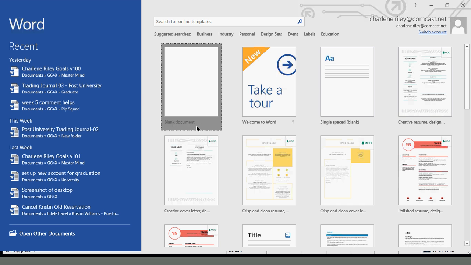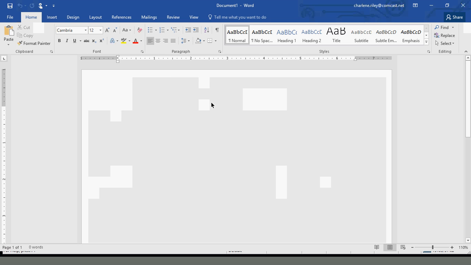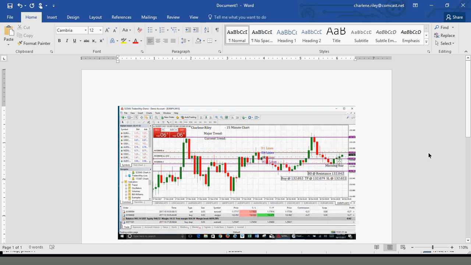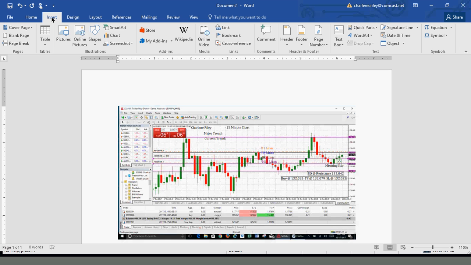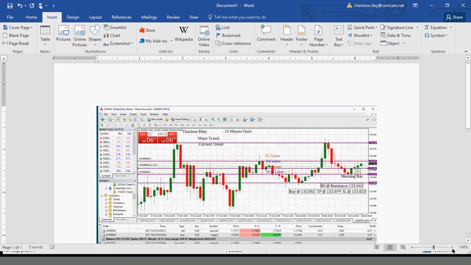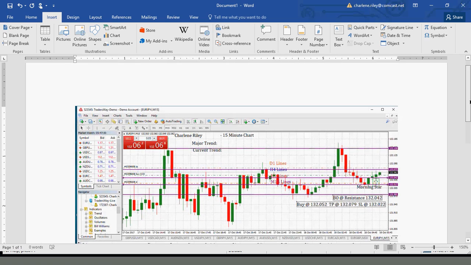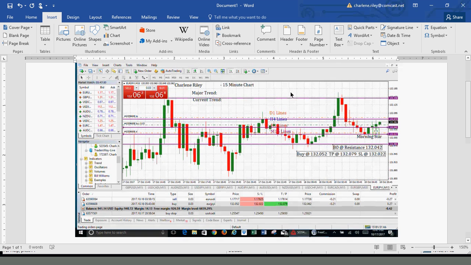Okay, we're going to pick a blank document. I did a screenshot, and so now I paste the screenshot on here. Before that, let me just enlarge this a bit so we can see it. Now, next thing I want to do is put in a shape.